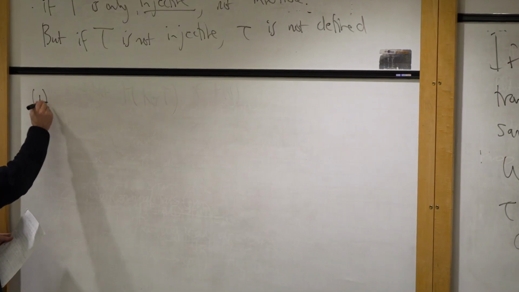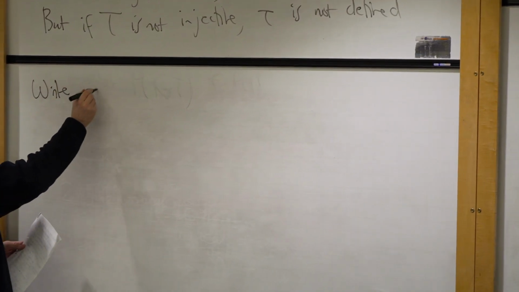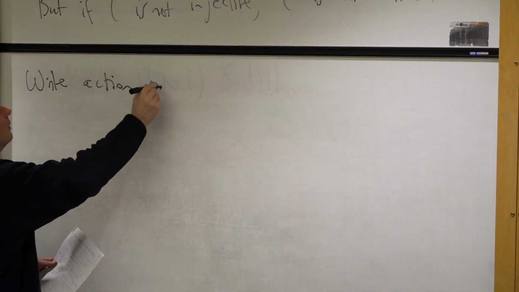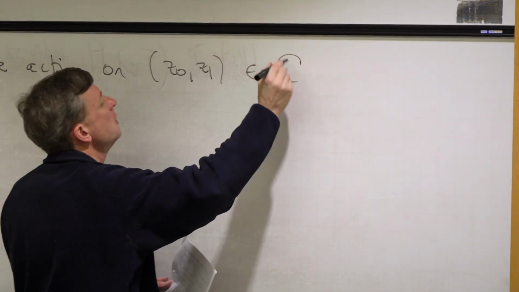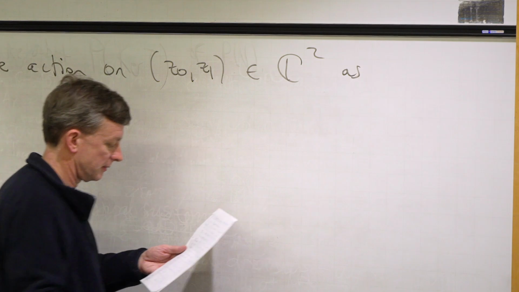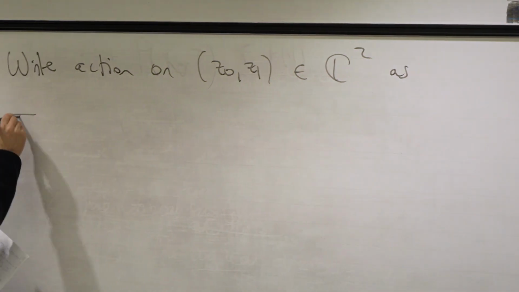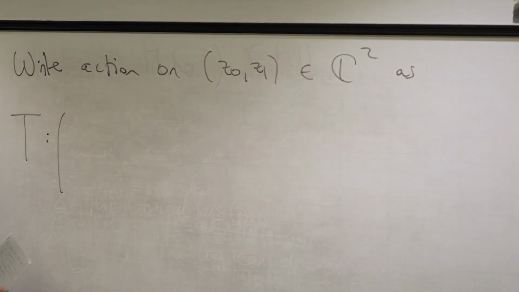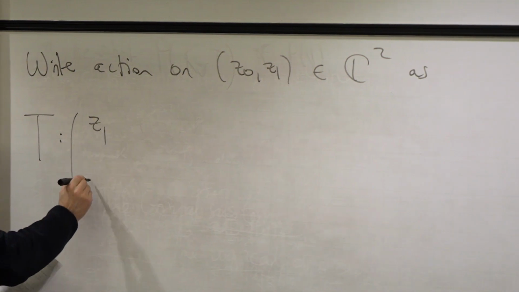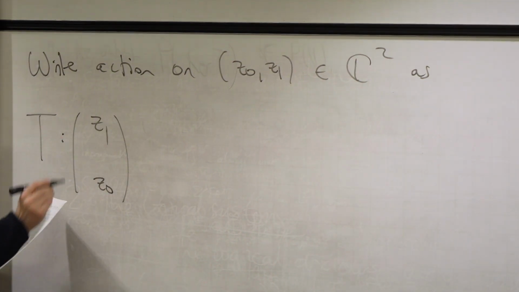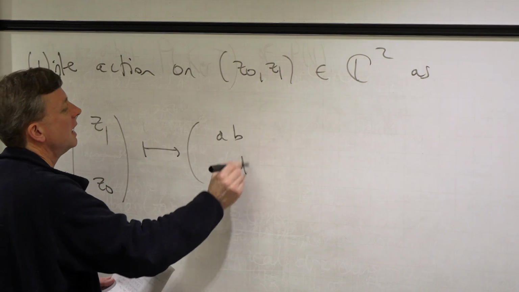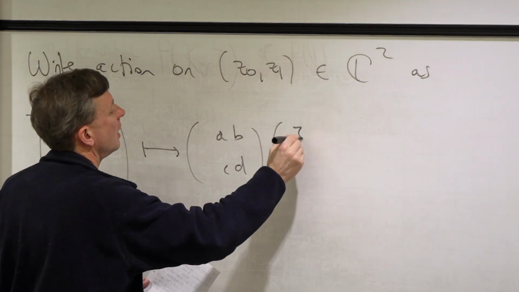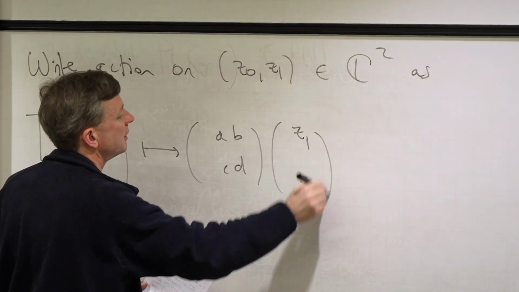So let's write the action on (z0, z1) in C2 as big T is going to map the column vector (z1, z0) to the matrix (a, b; c, d) times the column vector (z1, z0).